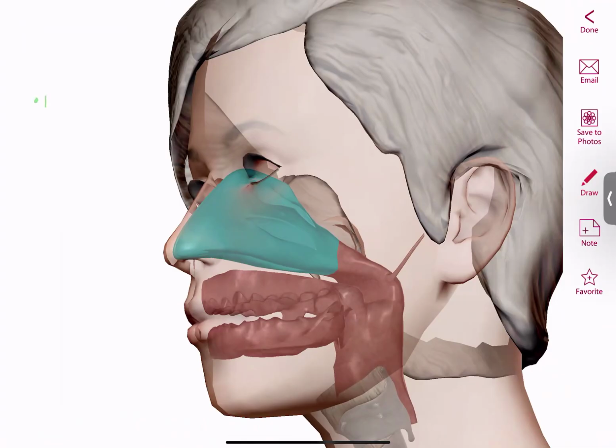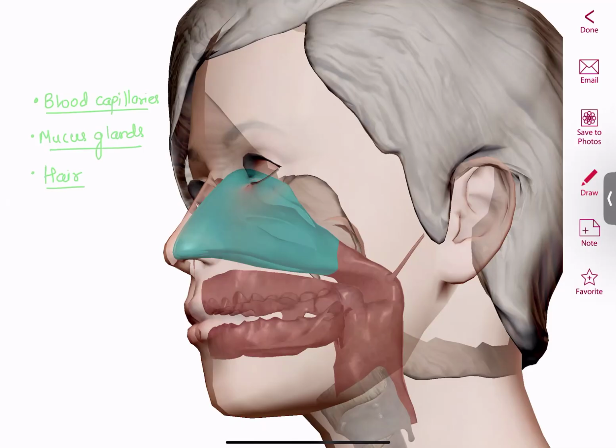One is the blood capillaries. Second is the mucus glands. And the third is hair. Now, the purpose of blood capillaries is to help in exchange of heat.